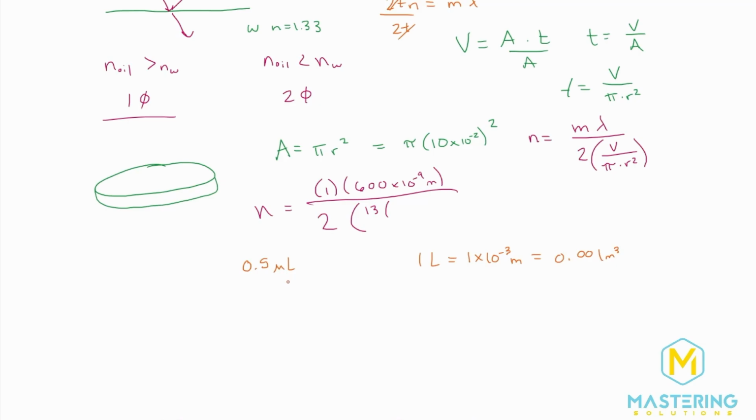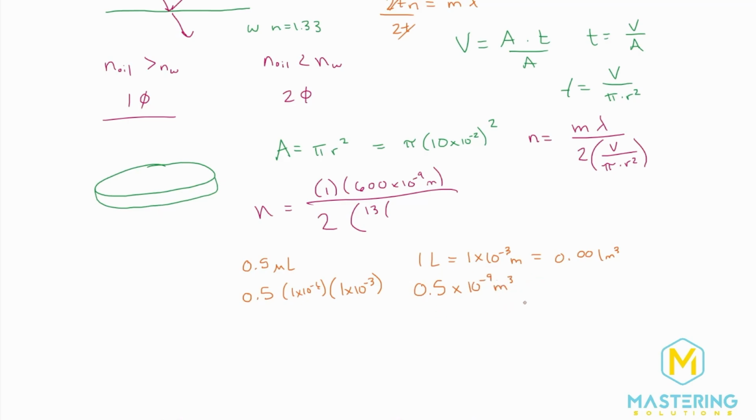Well, micro means 1 times 10 to the negative 6. So when we write that out, what we have is 0.5, and then we have 1 times 10 to the negative 6, and then we have 1 times 10 to the negative 3. So when we convert this into cubic meters for standard SI units, we have 0.5 times 10 to the negative 9 meters cubed.